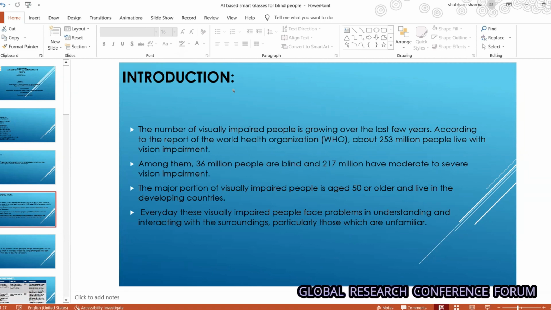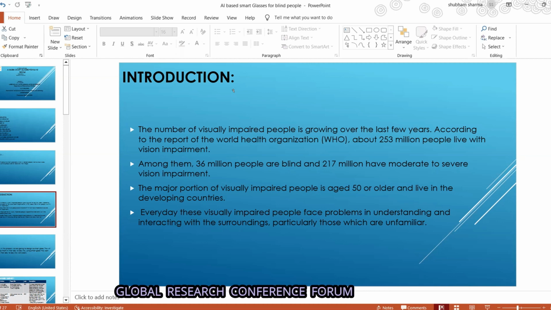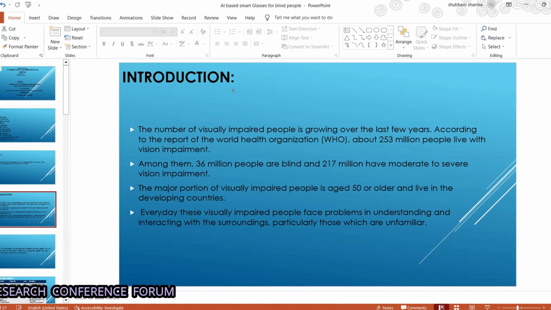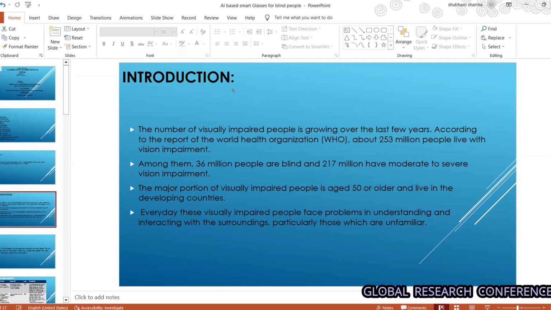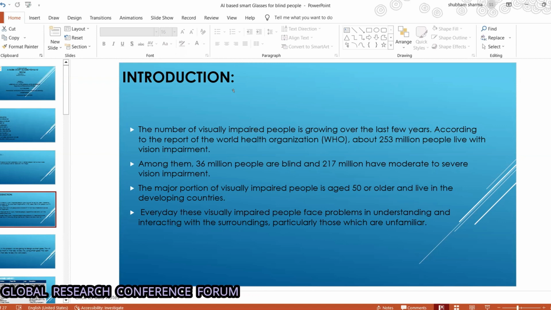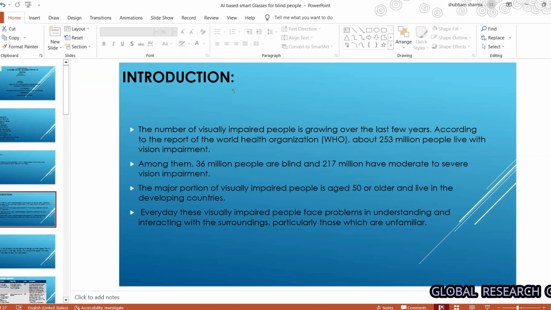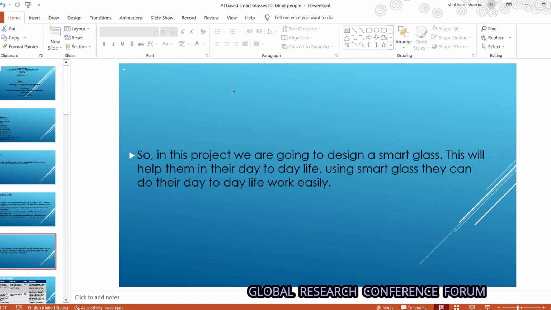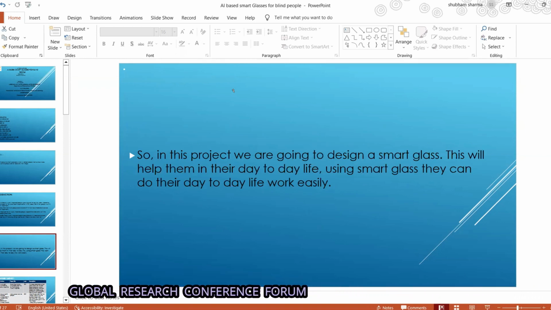The major portion of visually impaired people are age 50 or older and live in developing countries. Every day, these visually impaired people face problems in understanding and interacting with their surroundings, particularly those that are unfamiliar.